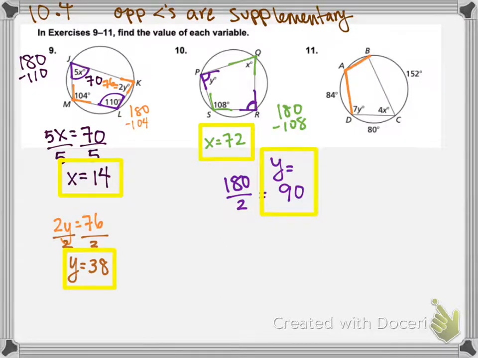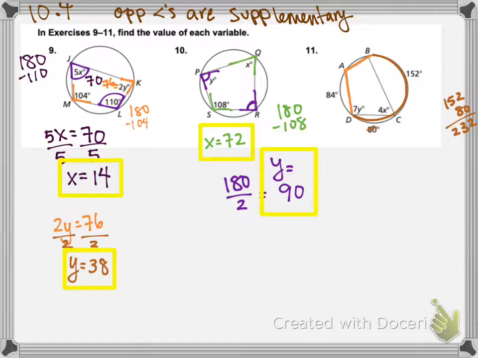Okay, so to find angle A, I need to know it is half of the intercepted arc. Well, what is the measure of the intercepted arc? So it'd be this piece, right? So add those two together, 152 and 80, and you get 232, yep, 232.